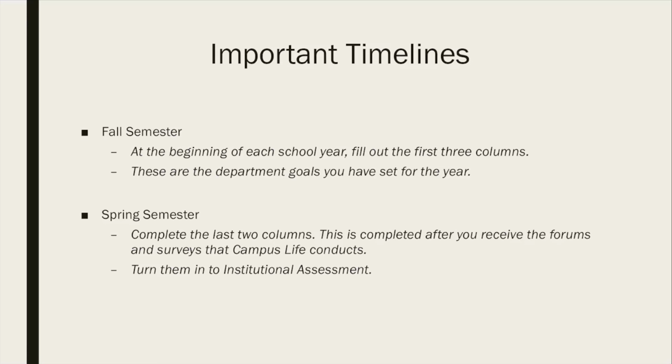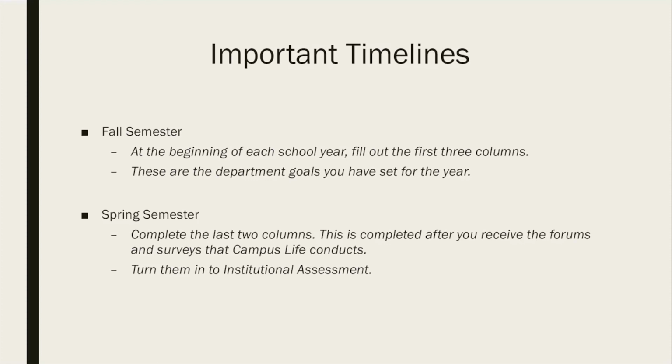Now, the challenge that we have for this year, as you know, we were out in April and May, so we did not do the student forums and the surveys, so we were not able to collect that data.